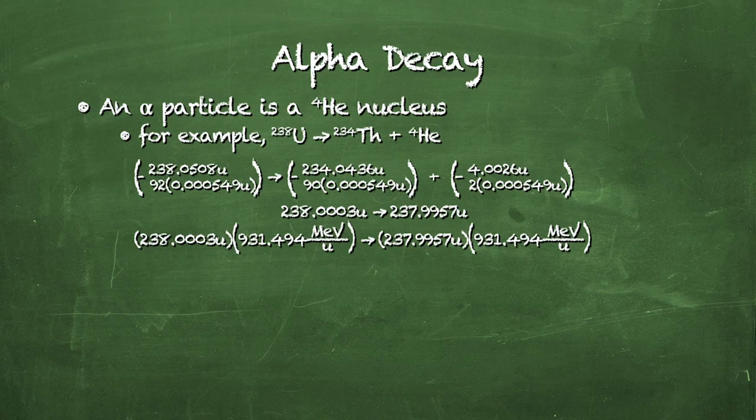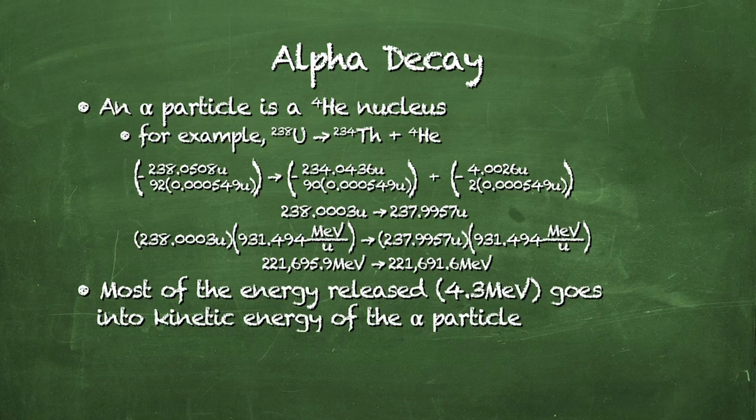And we get that the energy in the uranium-238 nucleus is 221,695.9 mega electron volts, and the energy in the mass of the products is 221,691.6 mega electron volts. So the energy that's released is 4.3 mega electron volts. Now, most of this energy goes into the kinetic energy of the alpha particle.